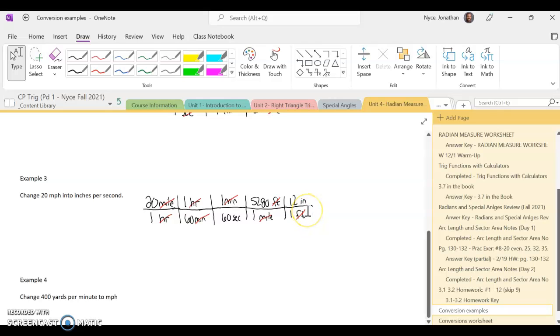And in your calculator, you're going to do 20 times 5280 times 12 over 60 times 60. Again, I recommend setting up the fraction bar in your calculator and putting everything in the numerator, multiply together, and everything in the denominator, multiply together. This gives you 352 inches per second.